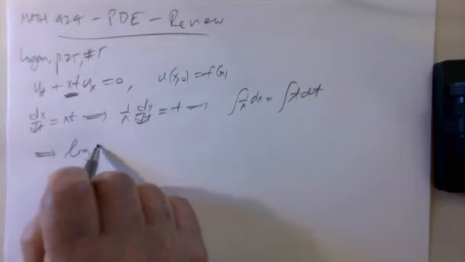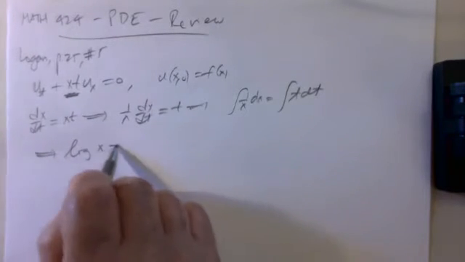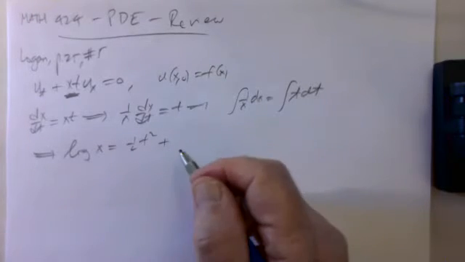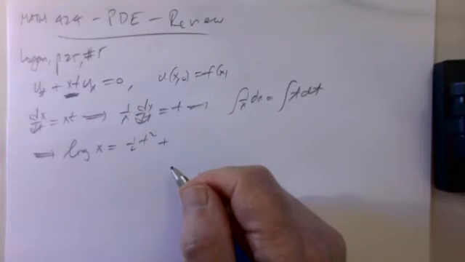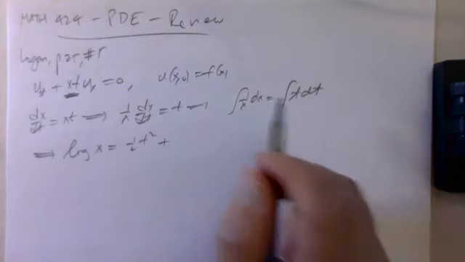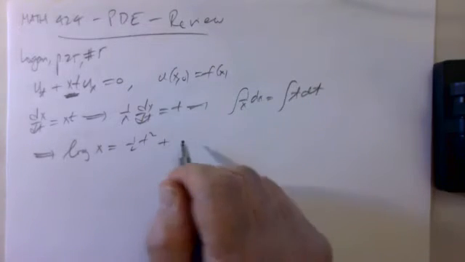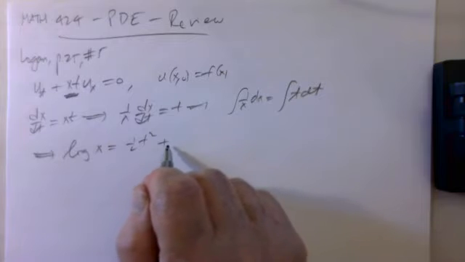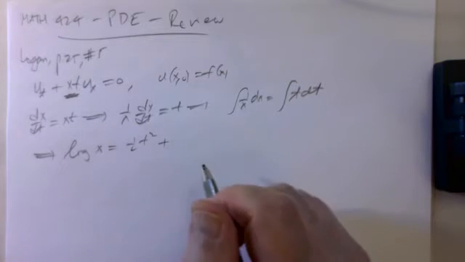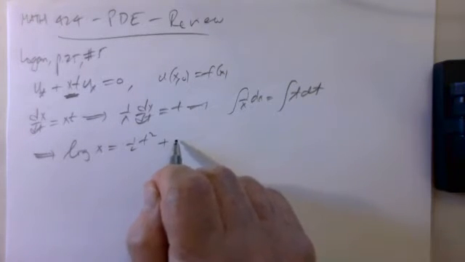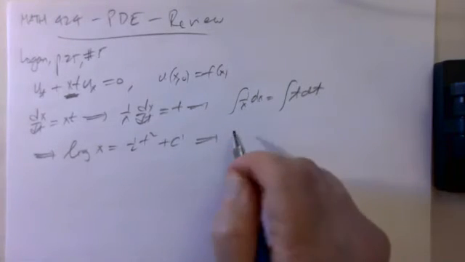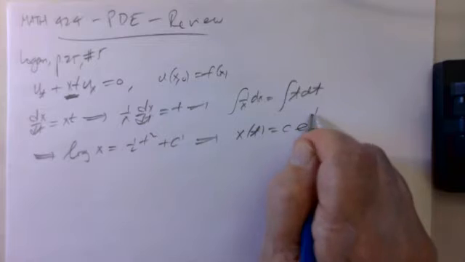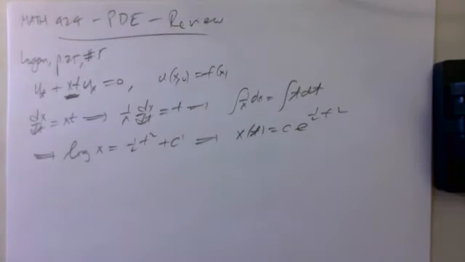So we get that the log of x is a half t squared plus some constant with respect to t. So x of t is some constant times e to the half t squared.